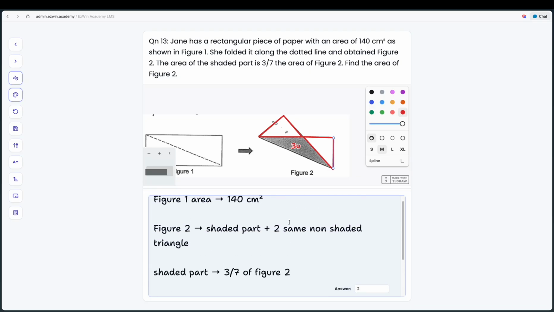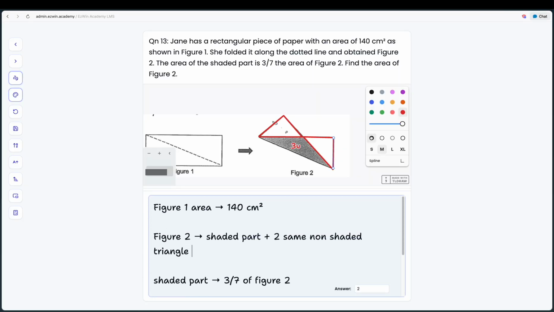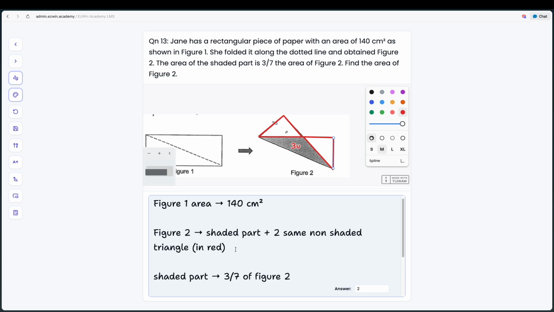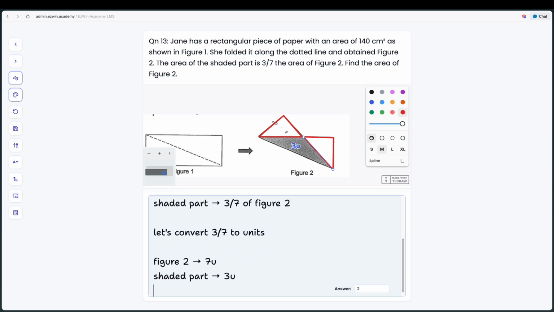So that means we have the 2 same non-shaded triangles, in blue. The 2 triangles that are not shaded are equal to 7 minus 3, which is 4 units.